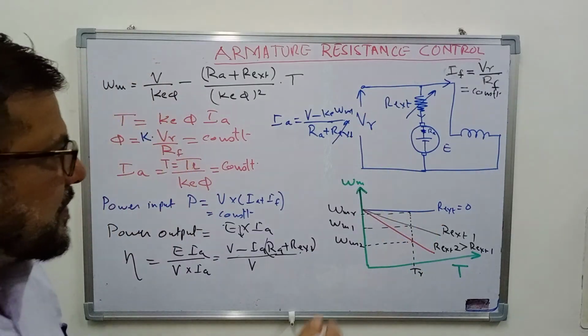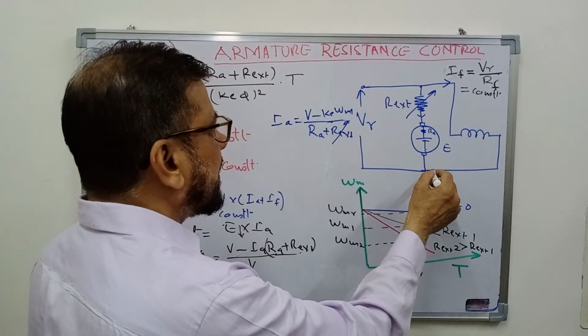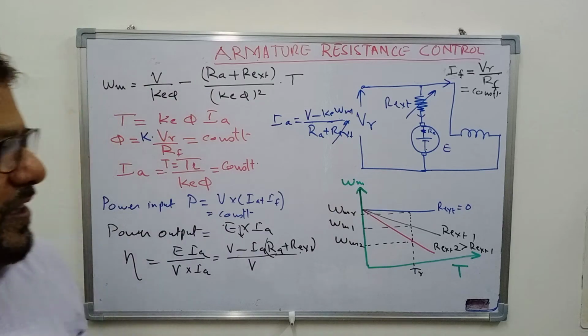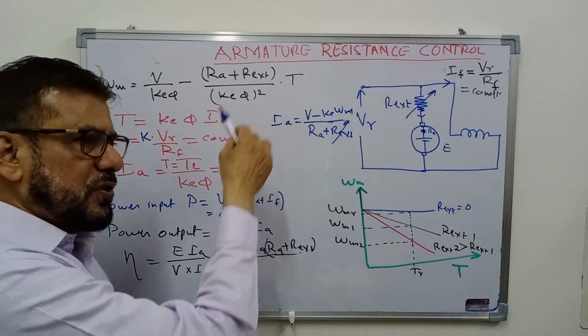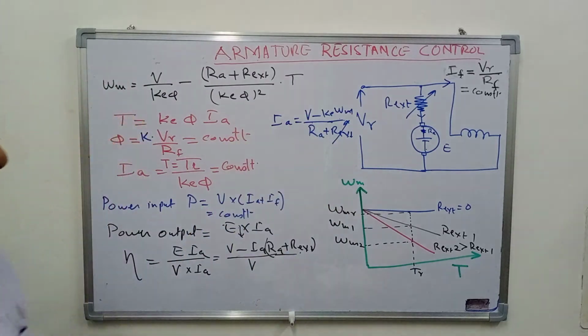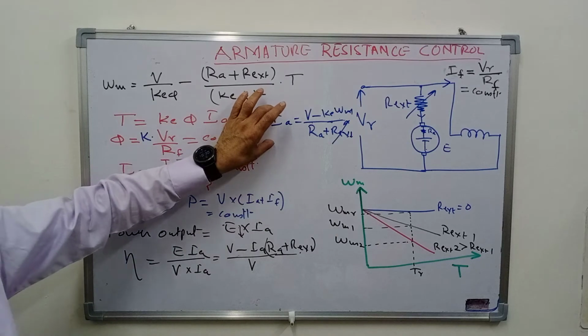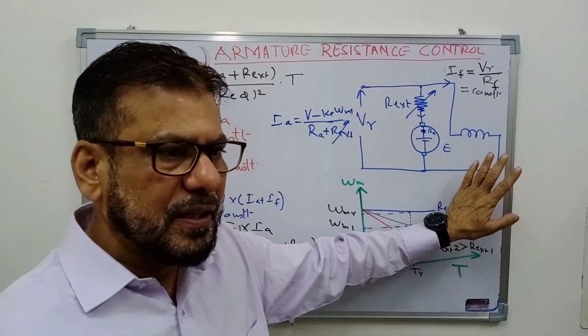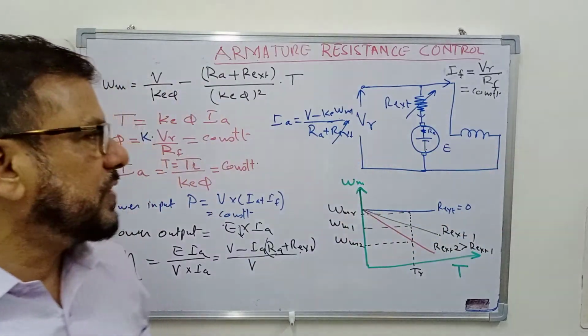As the speed decreases, the back EMF will decrease, and ultimately in the steady state, current will come back to its original value. So in that way, current in steady state will remain constant if the torque required by the load is constant.